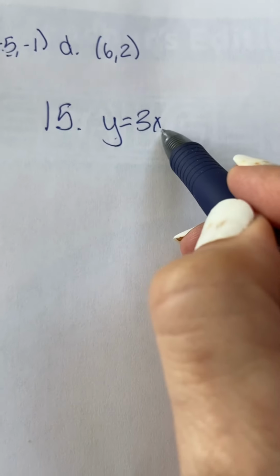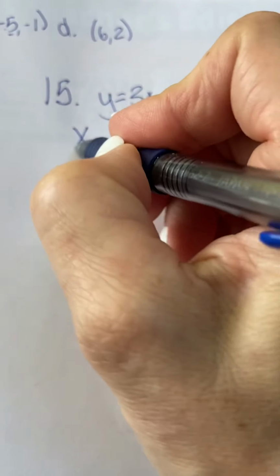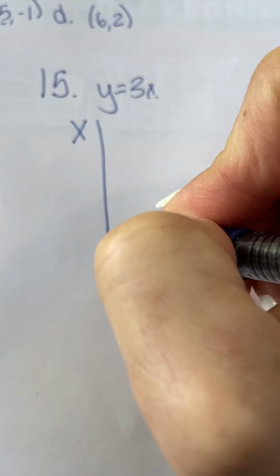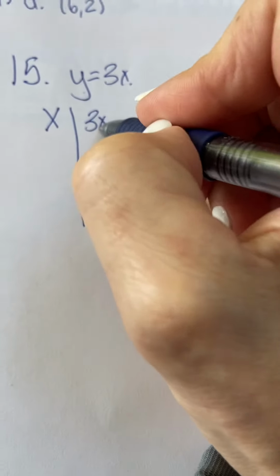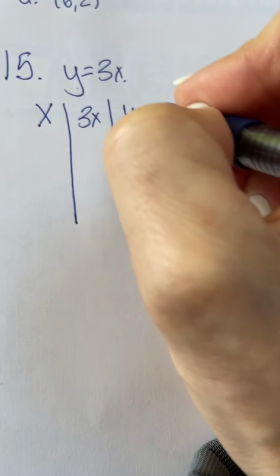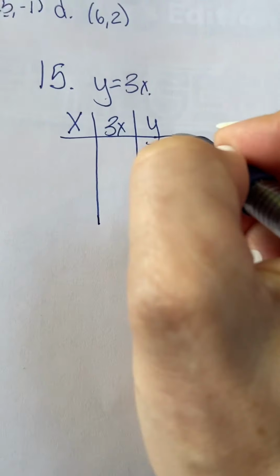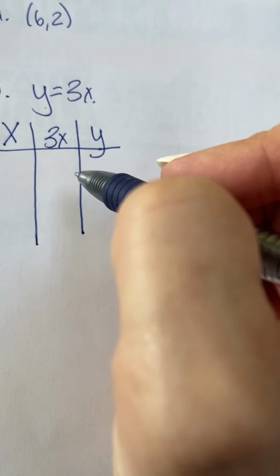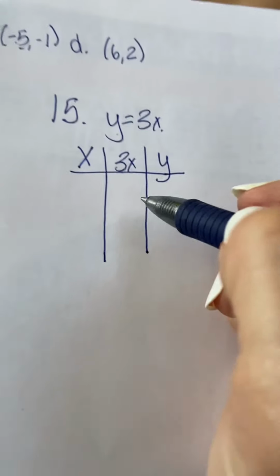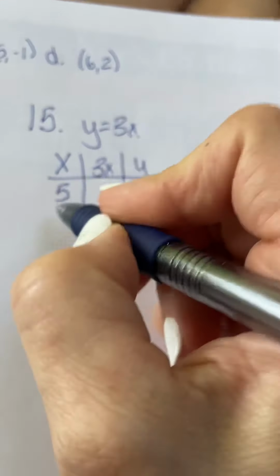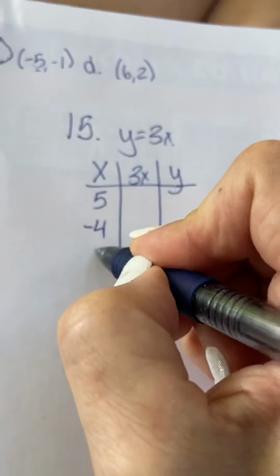They give us the function, so x and then 3x, and that's how you get y. They give you the x values, which are 5, -4, and 1. So I write that in there.